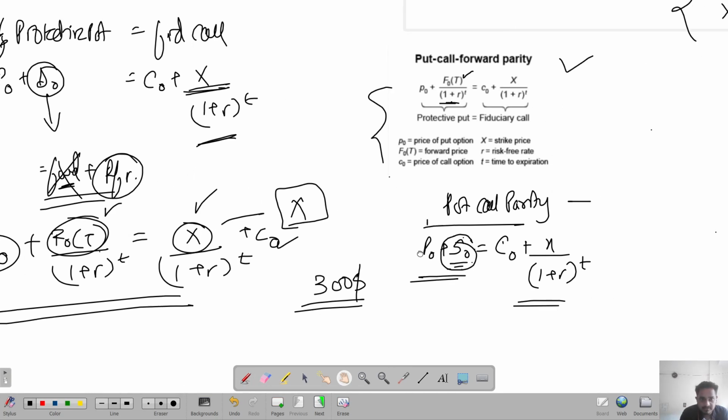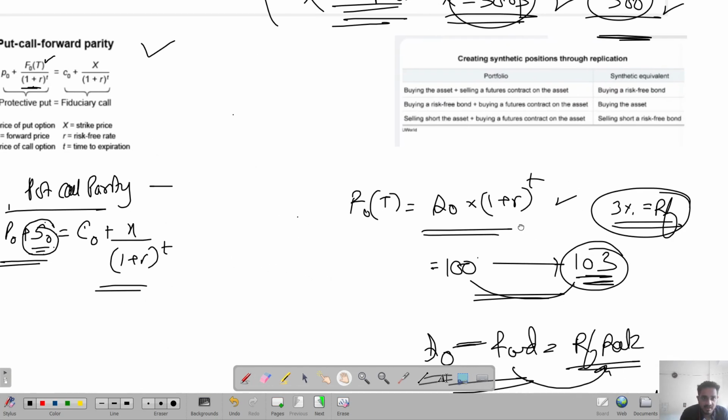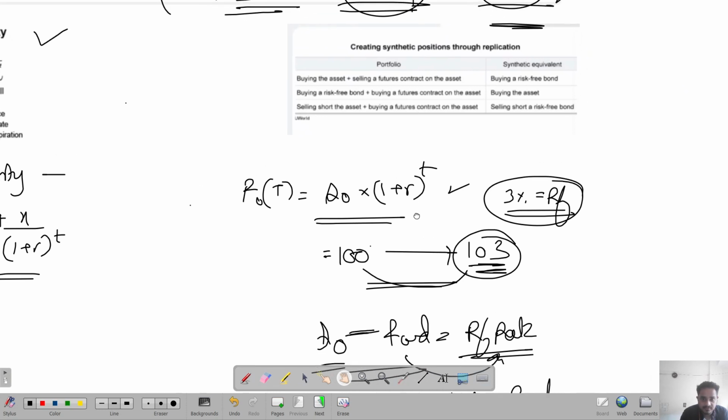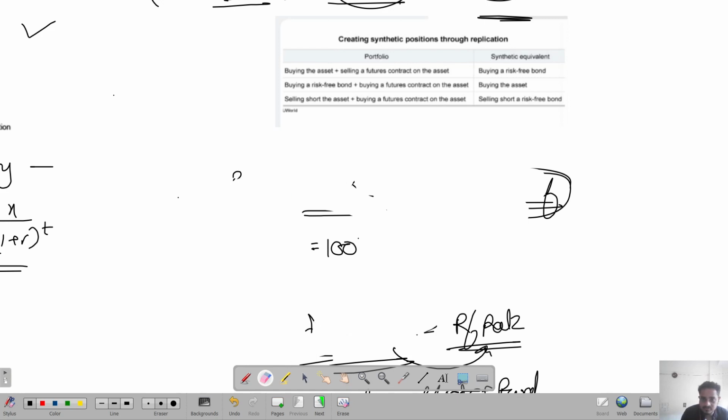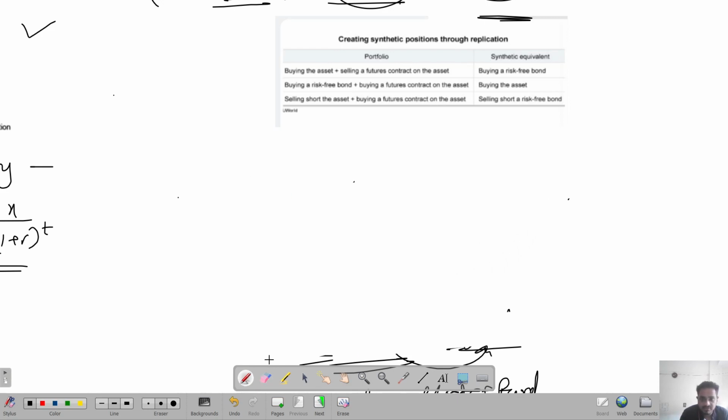Now similarly, we have another concept. We can create synthetic positions using replication. We already proved that if we buy a stock and short the forward, using a minus sign, we will get a risk-free rate.